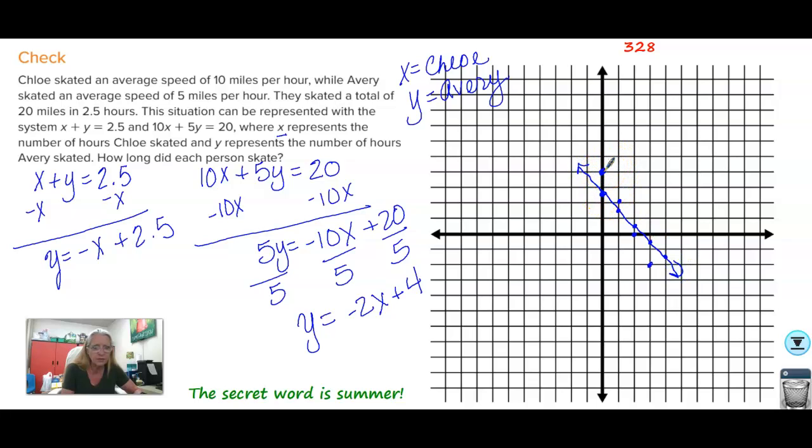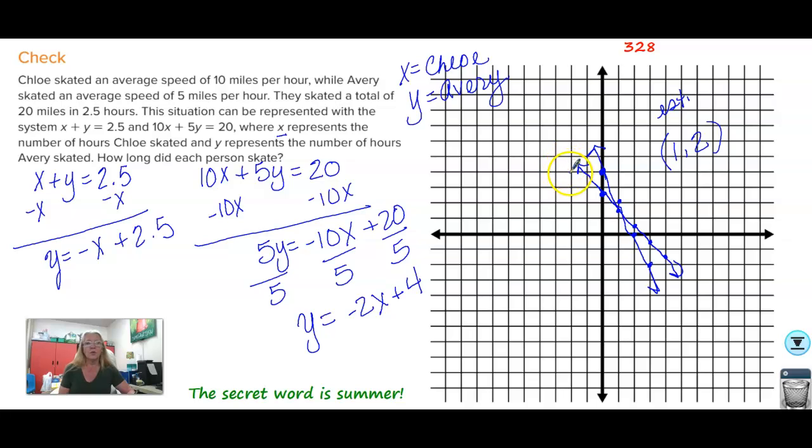This one goes like this. And so I'm kind of estimating 1, 2 as the solution. That is a gross estimate because it's not really at 1, 2. It's going to be kind of in between there. Let me check the teacher edition for just a second and see if they estimate the solution too.